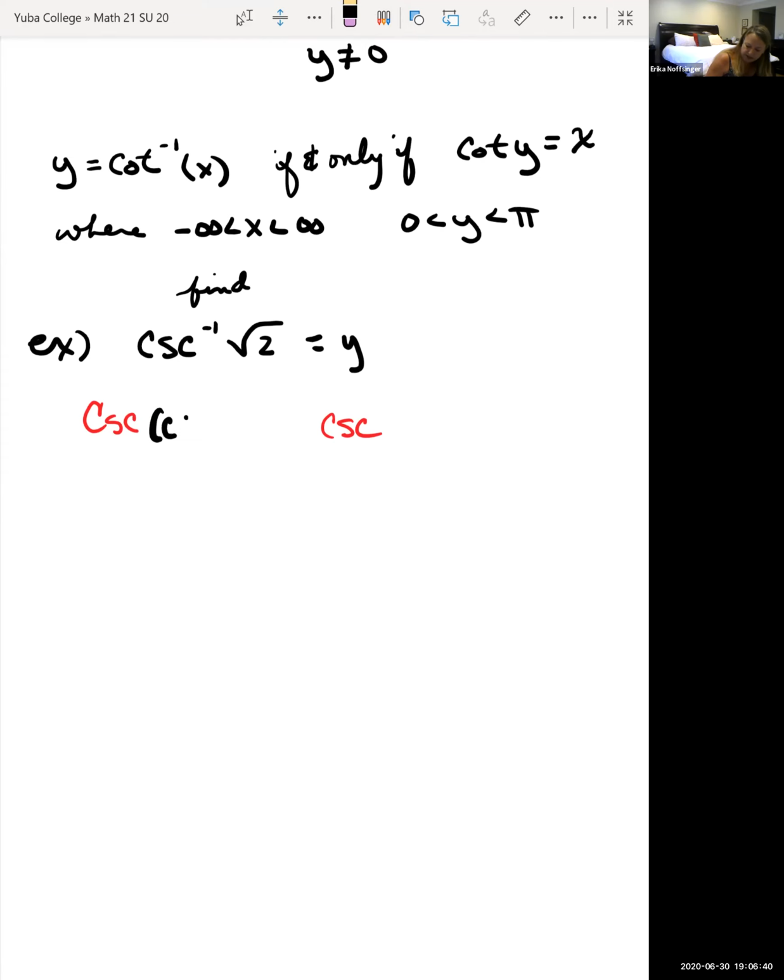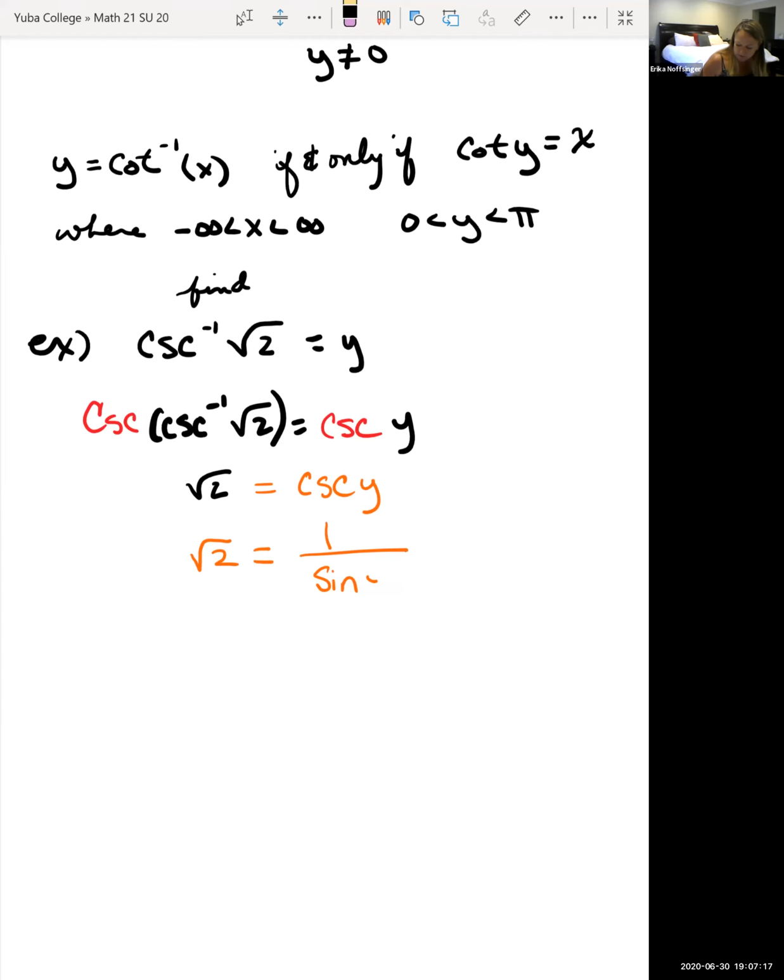So that would just give us the root 2. This is equal to cosecant of y. Let's rewrite cosecant in terms of the trigonometric functions that we do know. And cosecant is 1 over sine. And so we can rewrite this as root 2 equals 1 over sine of y.